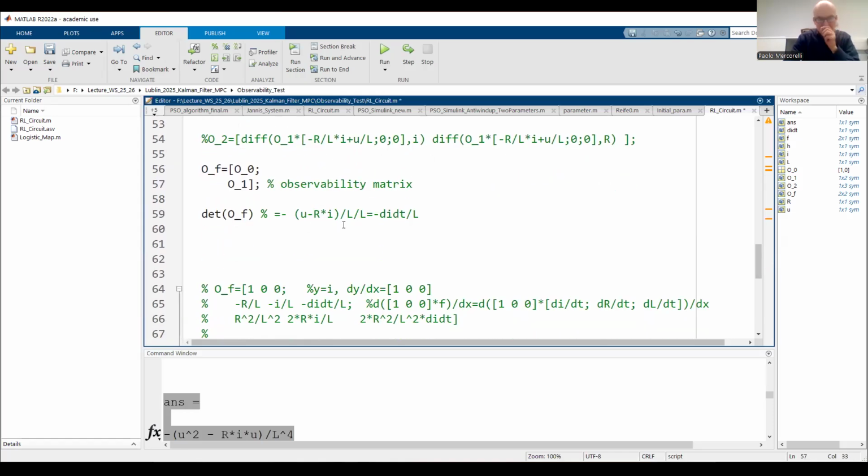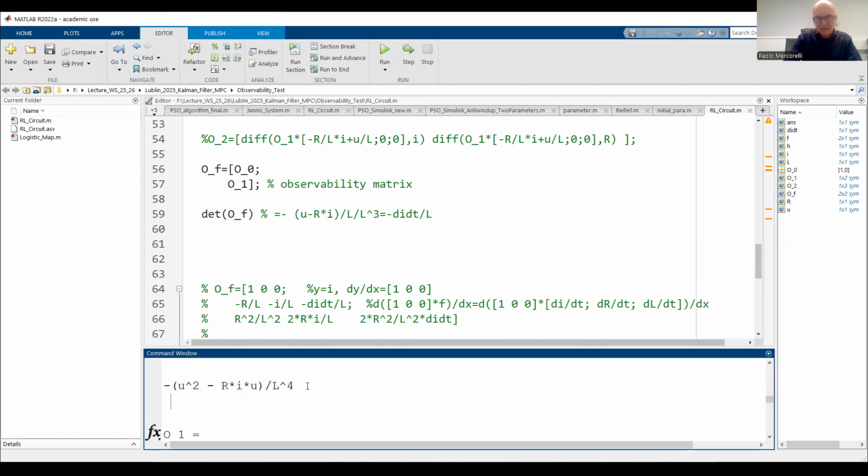This expression here, I see something wrong, no? I will correct. I think it should be up to 3, right? Let me see. These are the results.